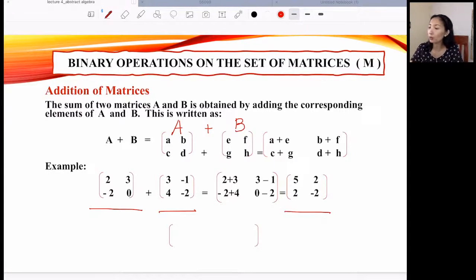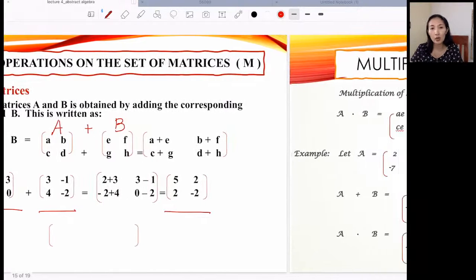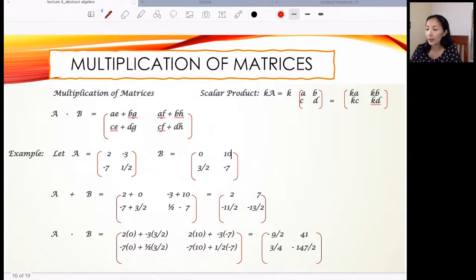Now we move on to the next operation defined on your set of 2 by 2 matrices. Multiplication. Okay? Multiplication of 2 by 2 matrices. Now, before we go into multiplying 2 by 2 matrices, let's look into scalar product first. How do we multiply a matrix by a constant? K times A, where K here is a constant.